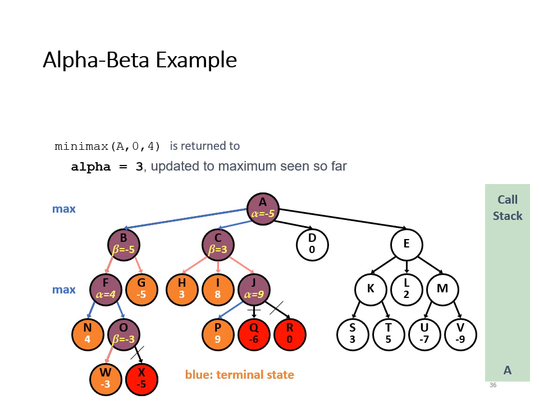You can see this: alpha equals 3 is updated, the maximum seen so far. This is the maximum value we have gotten for alpha till now. So the value of alpha will be greater than or equal to 3 but not less than 3.